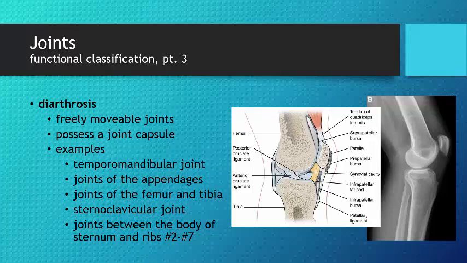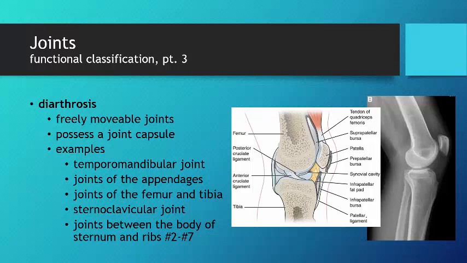And so, boy, we have these all over the body. They're probably the most abundant type of joint in the body. And they include the temporomandibular joint. That's the joint between the mandible and the temporal bone up there, the hinge for the lower jaw.